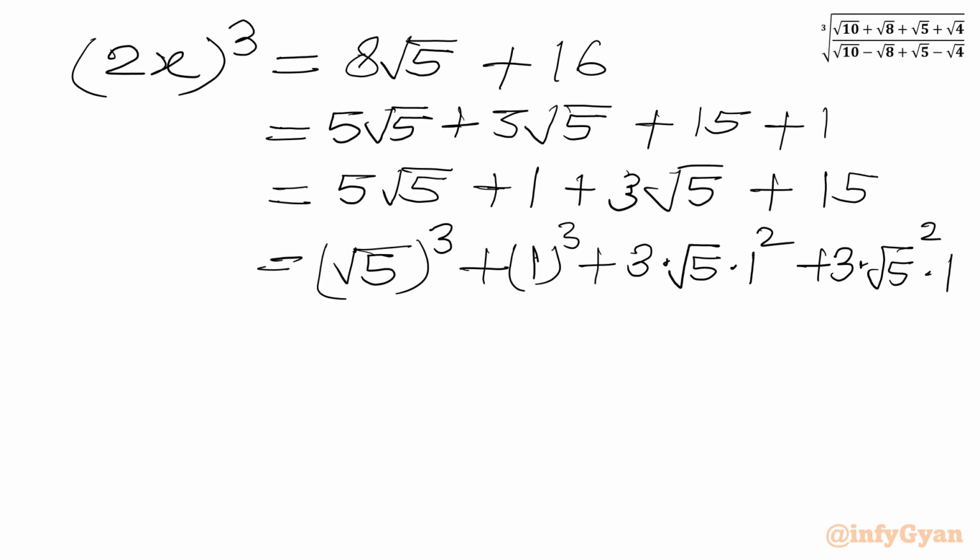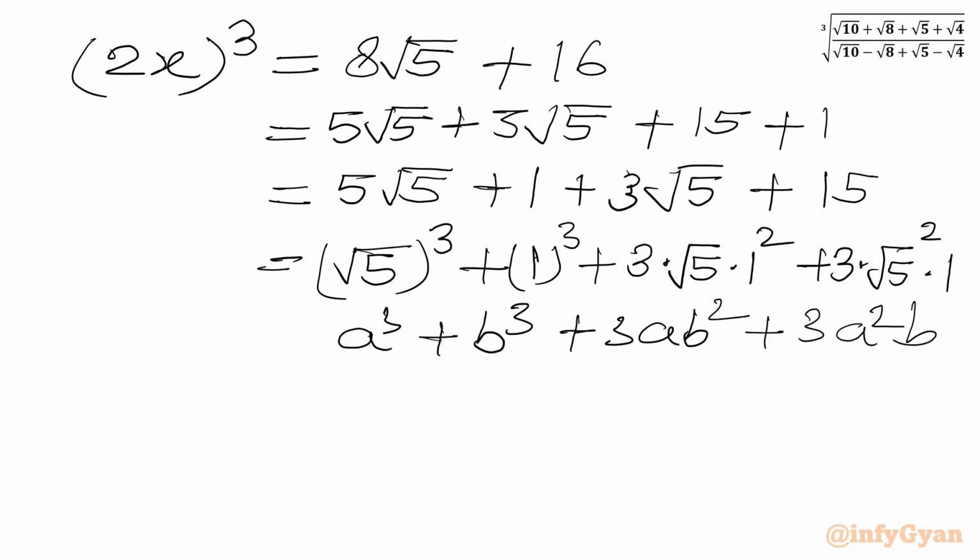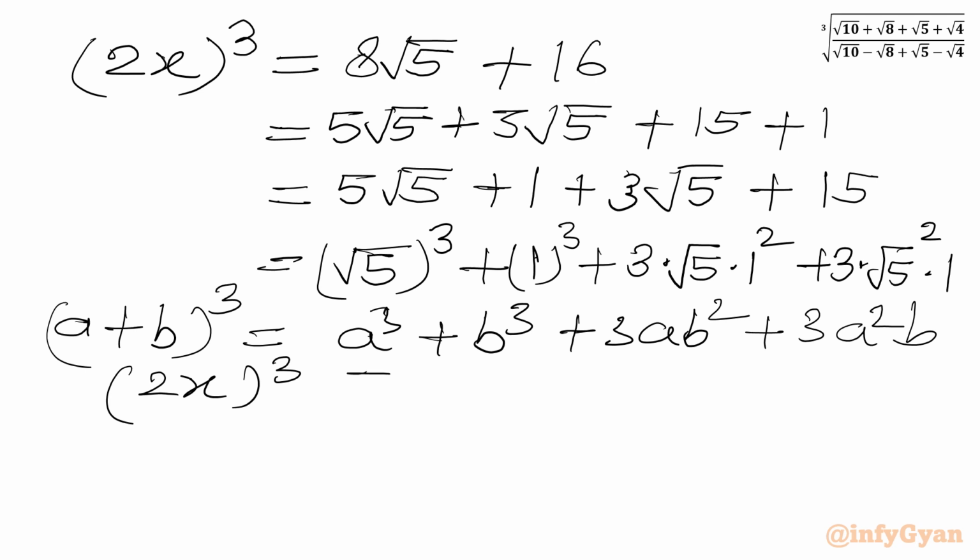So if I consider root 5 as a and 1 as b, then this is a cube plus b cube plus 3ab squared plus 3a squared b, which we can write as (a plus b) whole cube. So LHS is (2x) whole cube, RHS is (root 5 plus 1) whole cube.